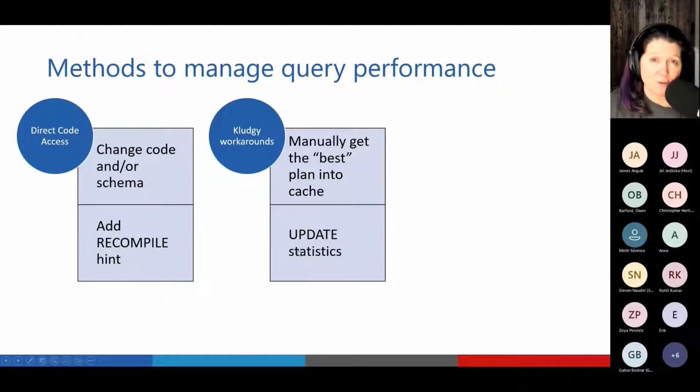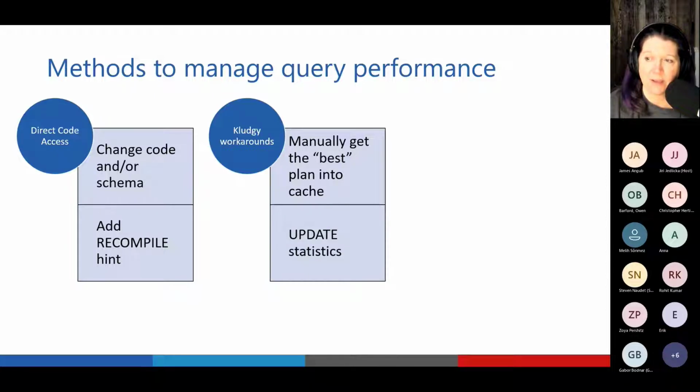I've also seen folks who will update statistics when performance is not going well. Statistics is another area of SQL Server that I love. And the challenge there is that very often, not always, but very often, that's just a Band-Aid to fix the issue. It doesn't really address the problem.